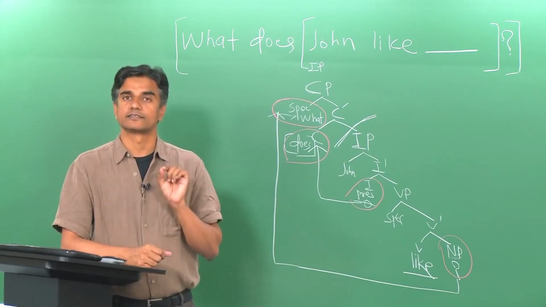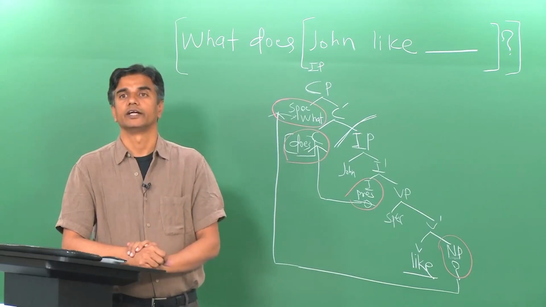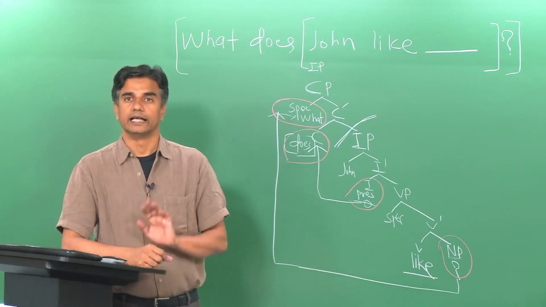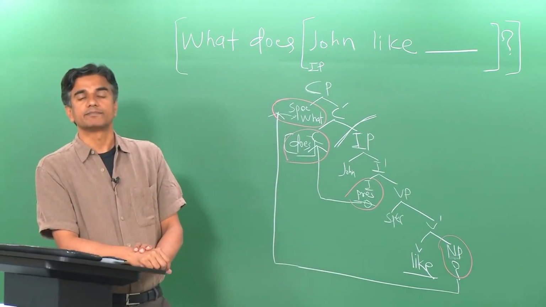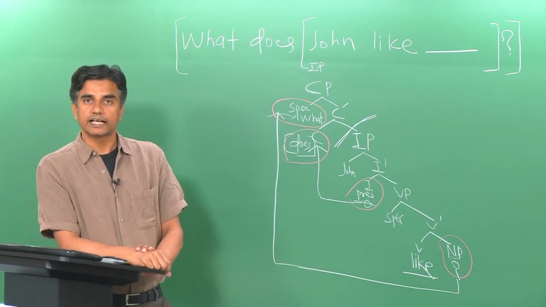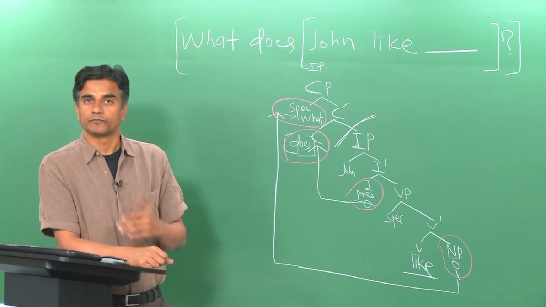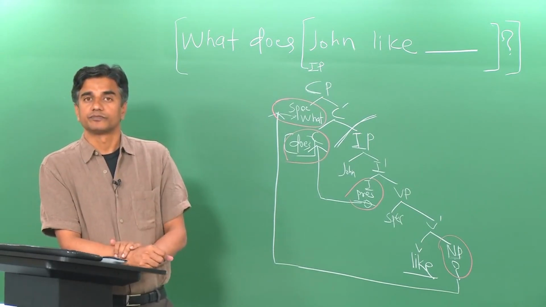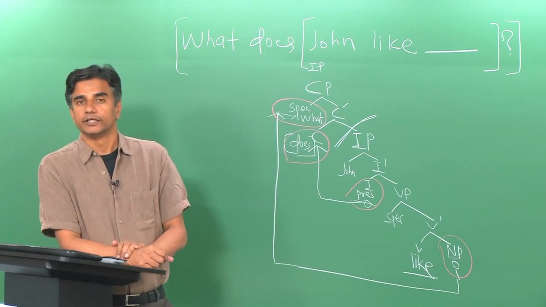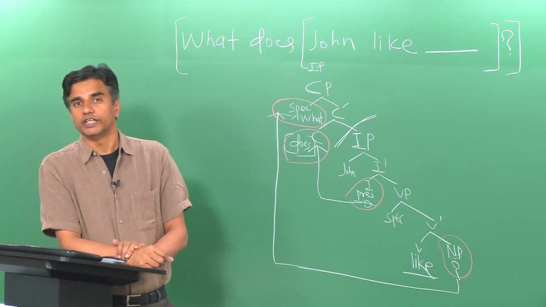All English questions require displacement. In some cases, it might only have displacement of an inflectional category, tense. So, for example, if we have a yes-no type of question, where we say questions like, did you eat?